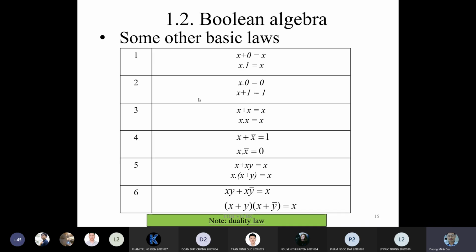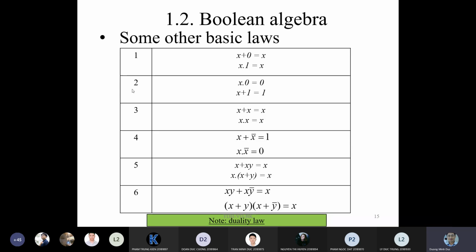The first is: the disjunction of one variable with 0 is always equal to this variable, and equally we have the conjunction of one variable with 1 is always equal to this variable.